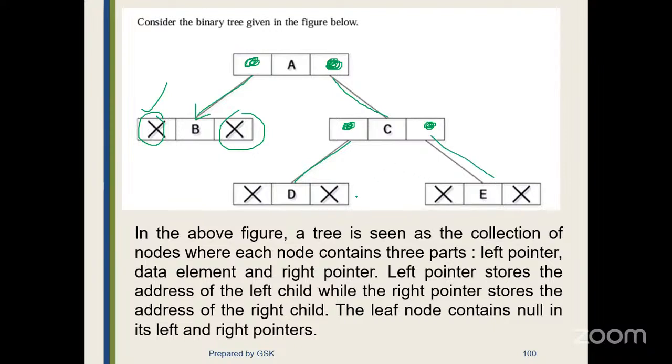Here D and E are leaf nodes, so those don't have any left or right children. That's why the reference column is filled with null. In the representation, we write a cross mark, which actually represents null. It is not pointing to any child.